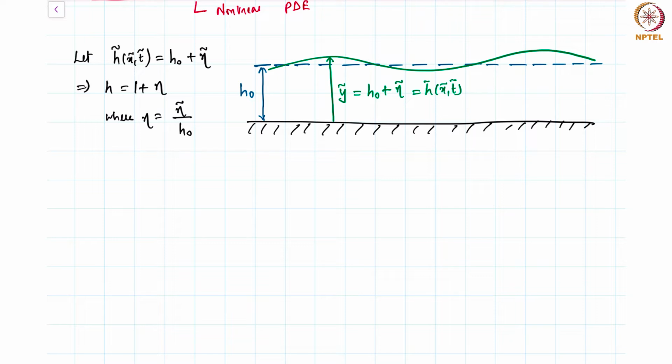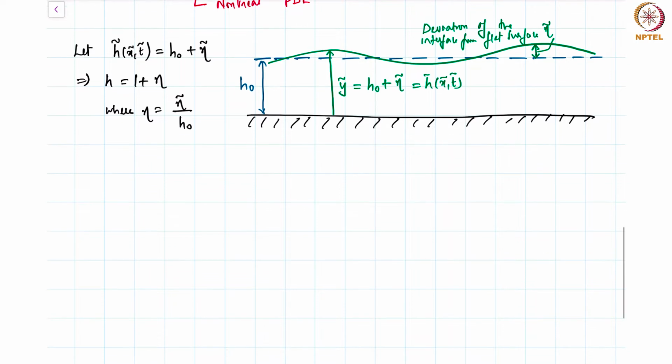So in other words, this quantity here that I'm showing here, this is eta tilde. This is the deviation of the interface from flat surface.